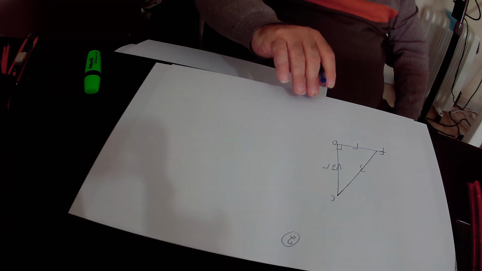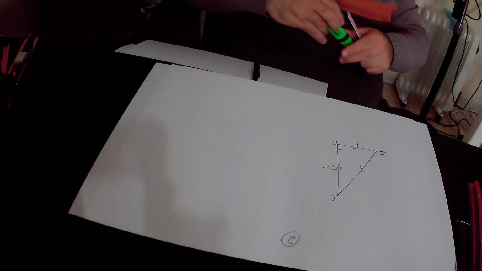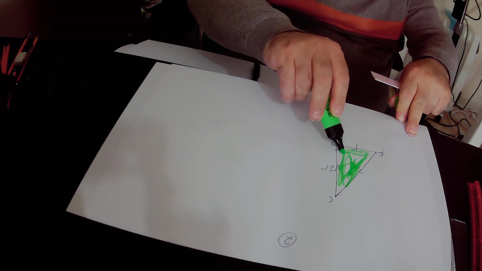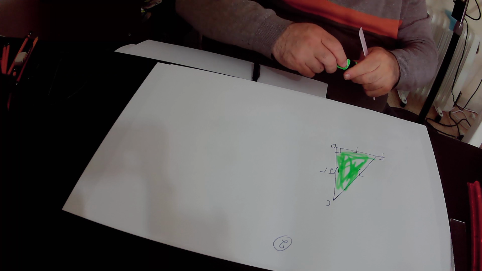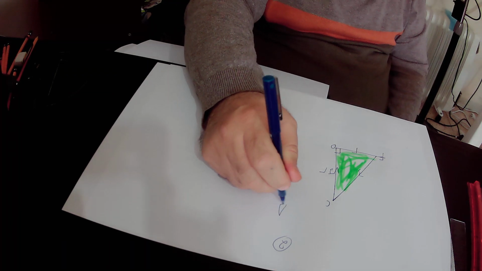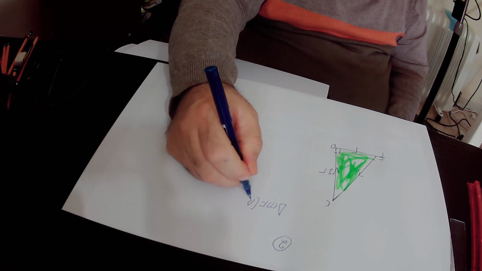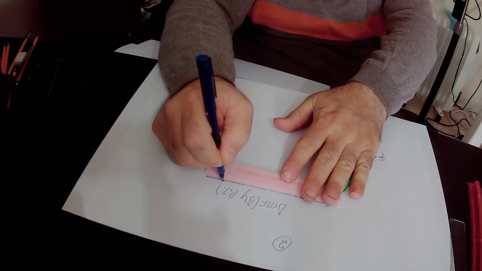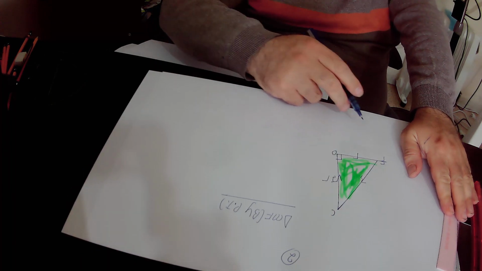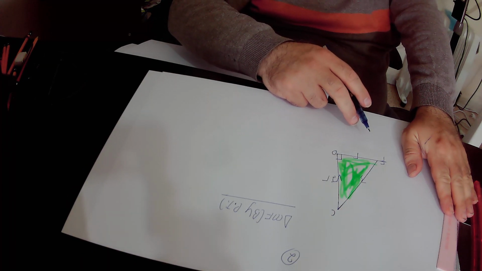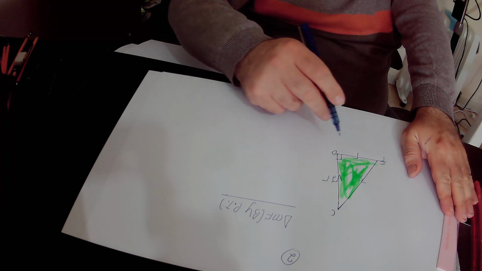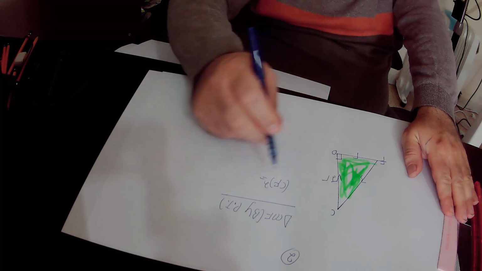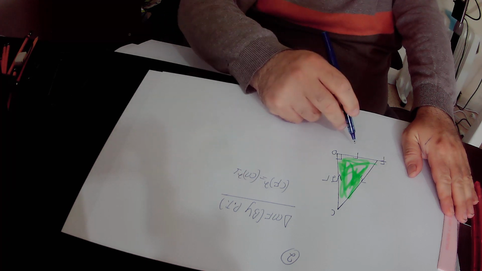According to the Pythagoras theorem, PT is the abbreviation for Pythagoras theorem, the square of the hypotenuse equals the sum of the squares of the perpendiculars, that is to say CF squared equals CO squared plus FO squared.